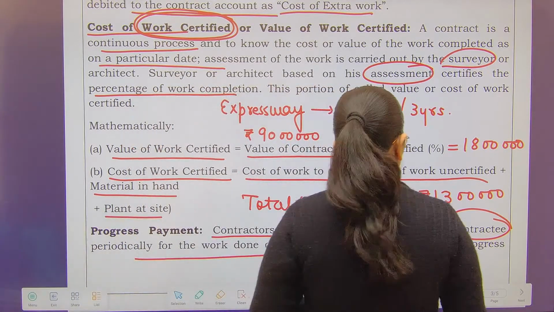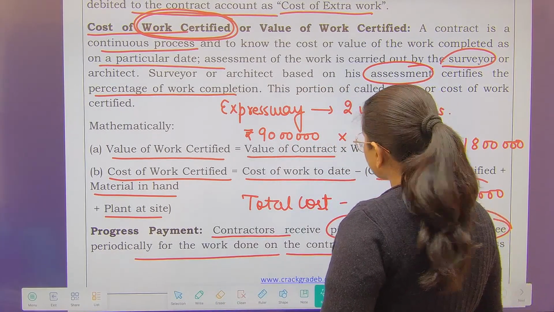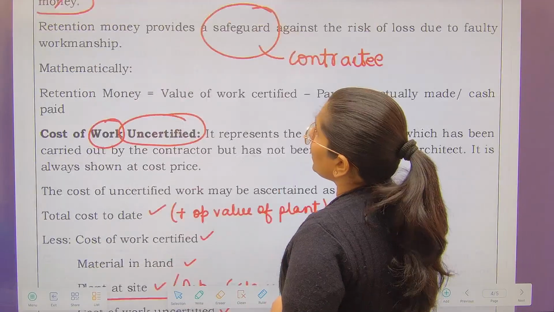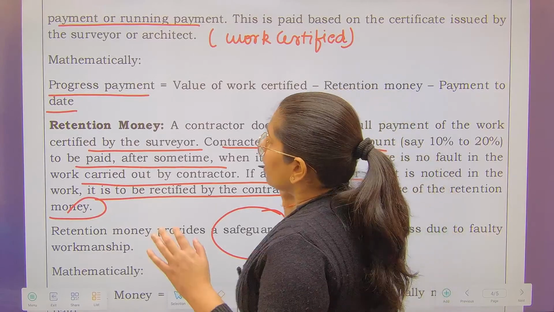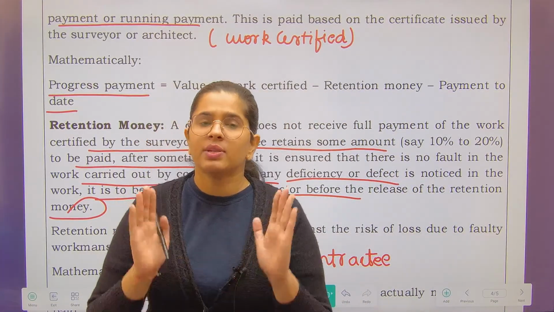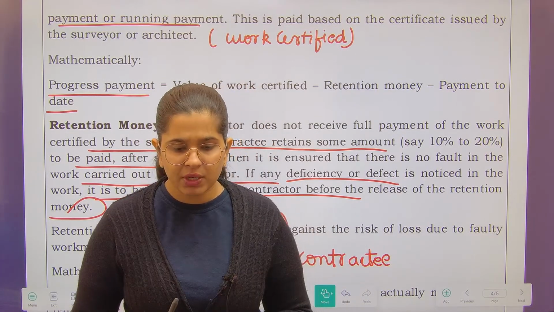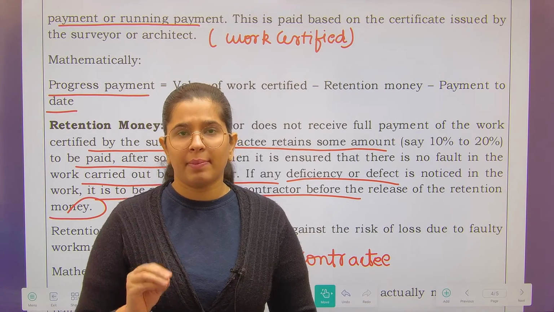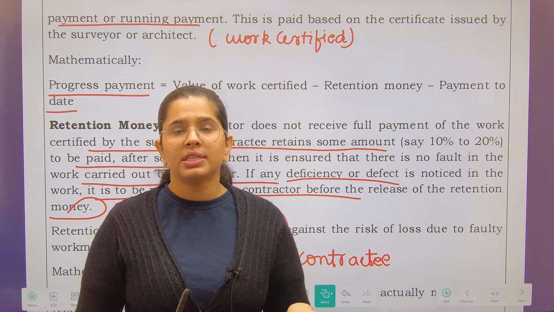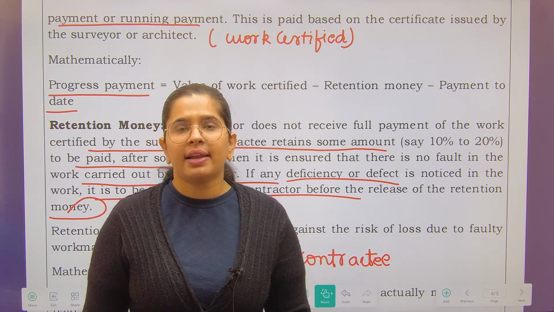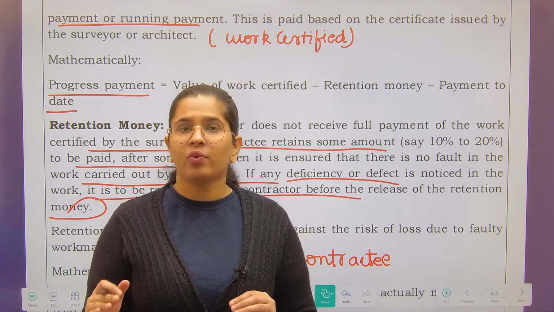The next thing you should understand is progress payments. Progress payments are the payments you are entitled to receive from the contractee, right? Whatever work you have done and that has been assessed by the architect, you are eligible to receive payment. But remember, not the total payment is received; some amount of it is retained by the contractee. In the practical world, nobody gives you total payment in one go.